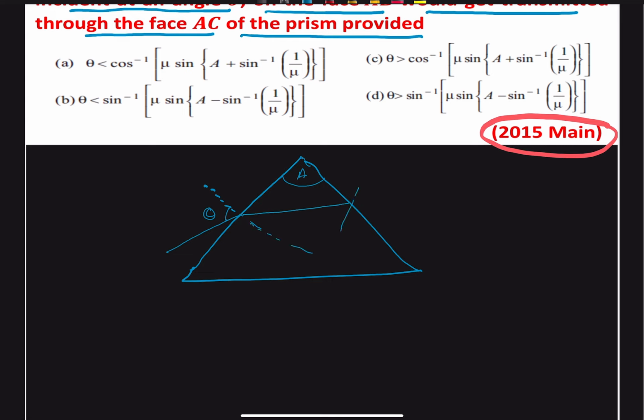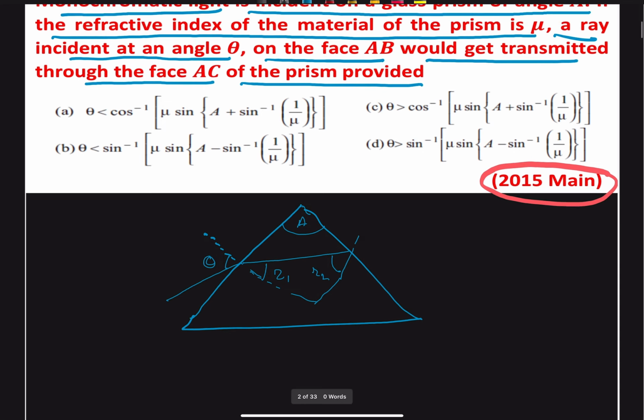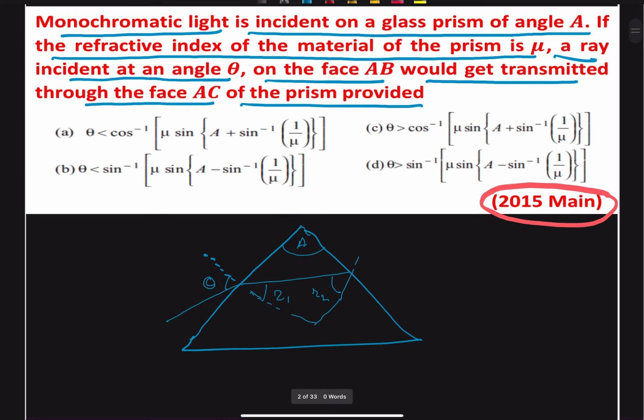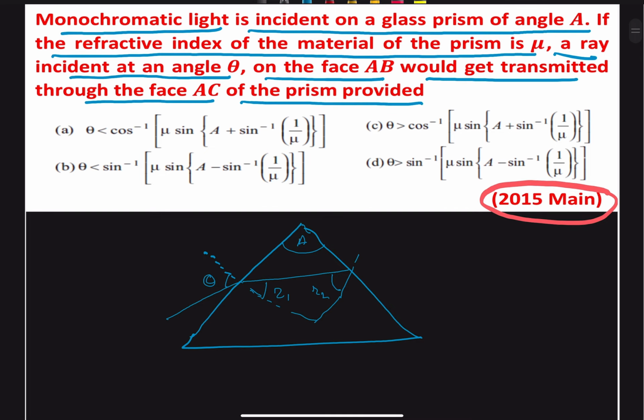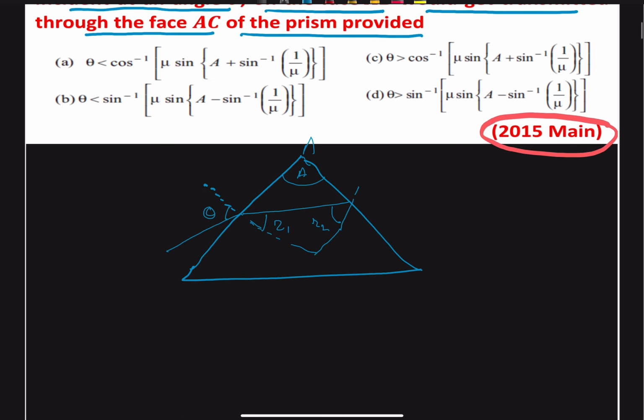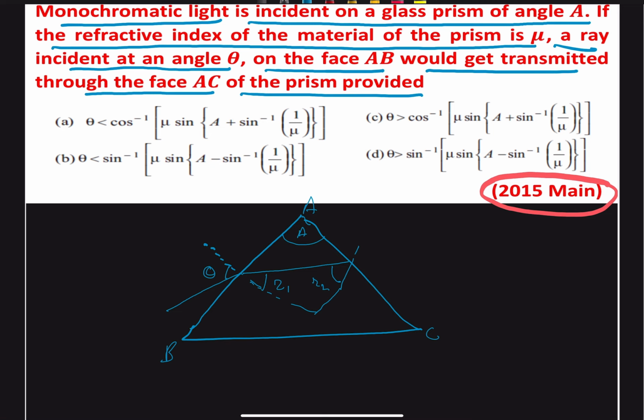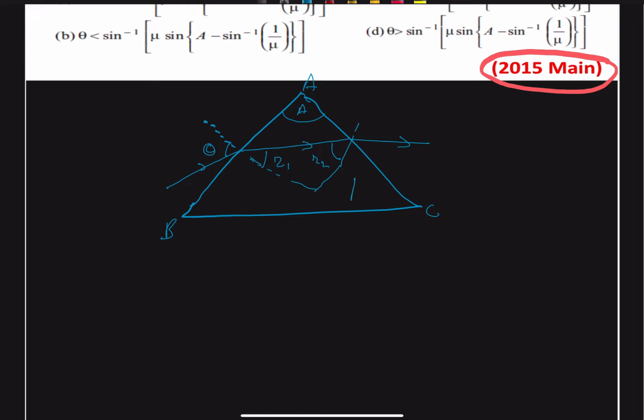Let us suppose this angle is R1 and this angle is R2. So this is our A, B and C, and we have to find the angle theta so that it can be transmitted through the face AC, so it will emerge from the face AC, and the refractive index is given as mu.